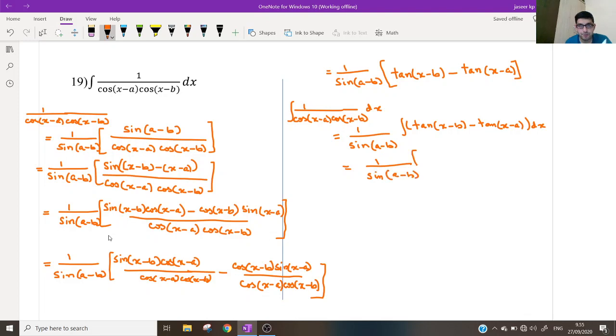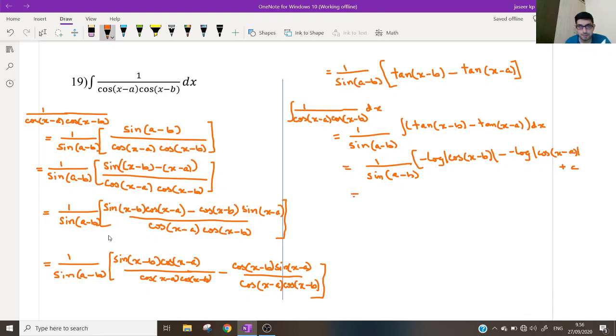Now the integral of tan is minus log cos x minus b, minus, then tan integral, minus log cos x minus a, plus c.